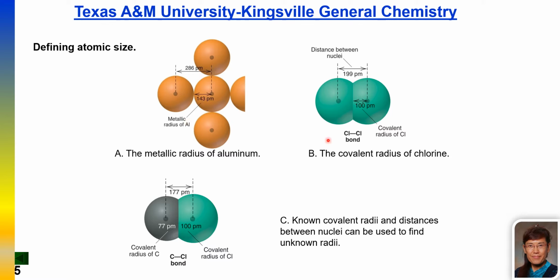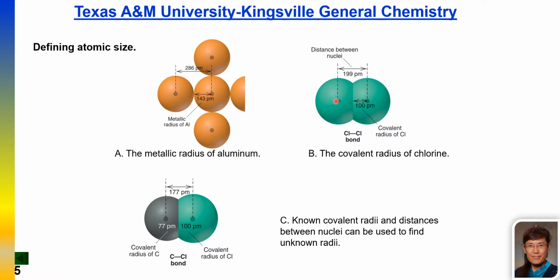Another one: if you have chlorine, they are going to form compounds, and this is the covalent radius. Chlorine forms a covalent compound. That distance you call the covalent radius.